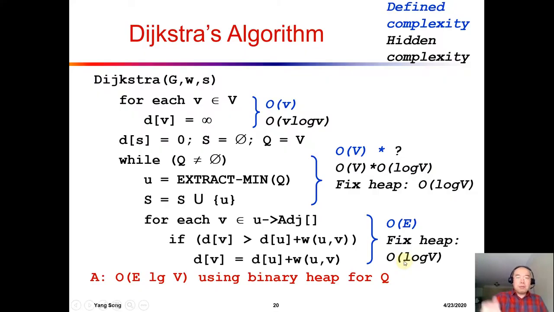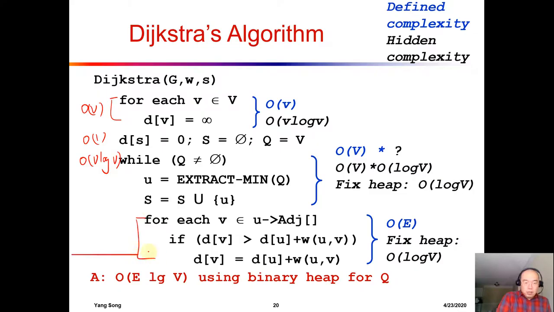Let me put everything together. This part is O(V), that is O(1), then we have O(V log V), and for this part that is O(E log V). We want to add those four parts together, and see which is the most significant one.